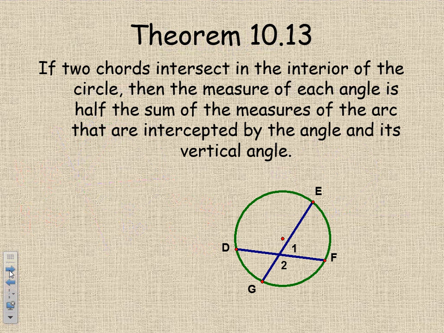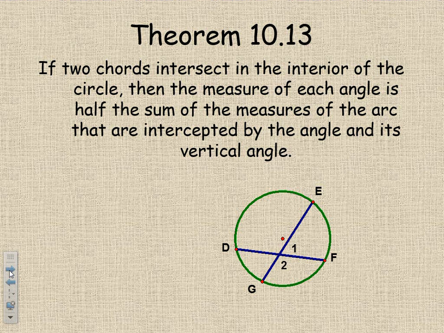Okay, next theorem, 10.13. So this one says we have two chords that are going to intersect in the interior of the circle. So you see DF and GE intersecting inside the circle. Now notice they're not diameters. They're not going through the center, but they could. One of them could be a diameter.